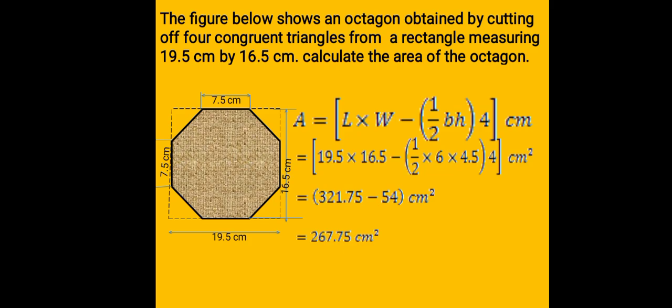So you get that the original rectangle had an area of 321.57. There's now the area of the cut off triangles, which totals to 54. We have now the area of the octagon to be 267.57 centimeters squared.